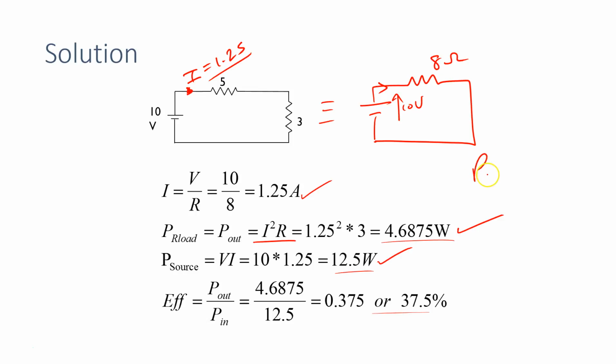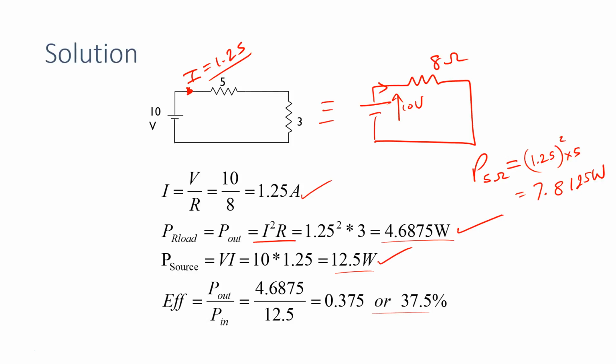We could also find the power dissipated in the 5 ohm resistor, and that will be I squared, which is 1.25 squared multiplied by 5, and that gives us 7.8125 watts.